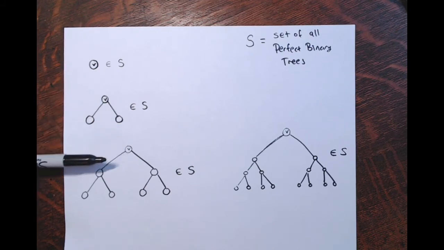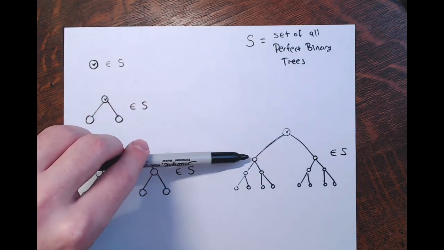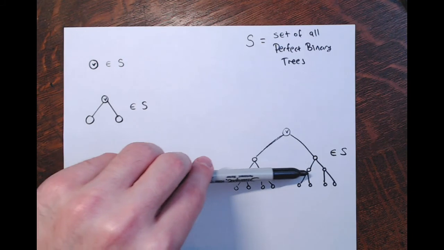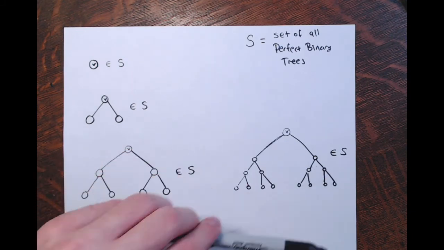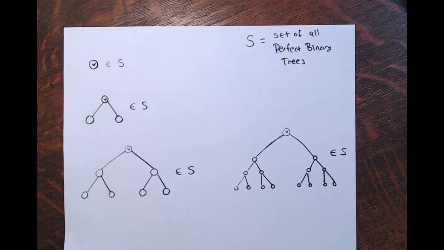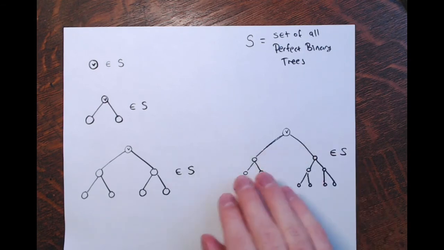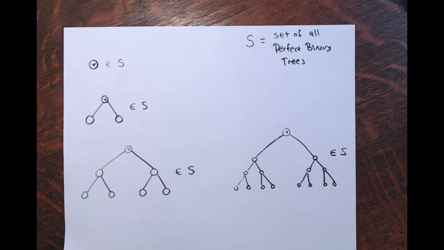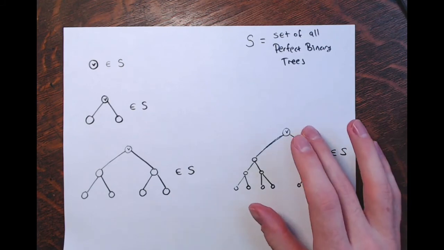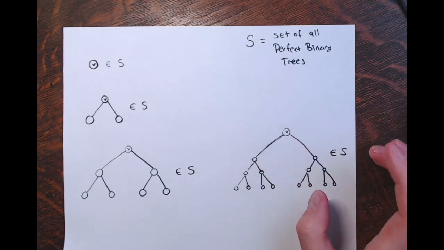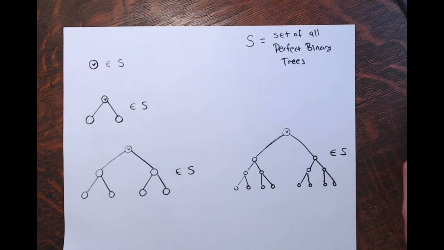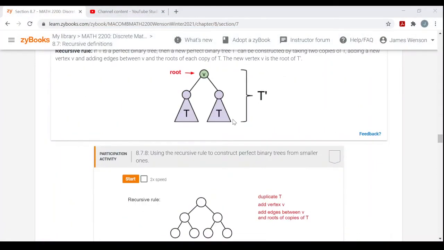And then you see 1, then 2, then 4, 2 to the second. 1, 2 dots on that level, 4 on that level, then 8 on that level, 2 to the third. So the number of dots every level doubles in a perfect binary tree like this. And if I wanted to make another one, I'd make two copies of this and connect the roots to another vertex. So that's what this rule is telling us to do.